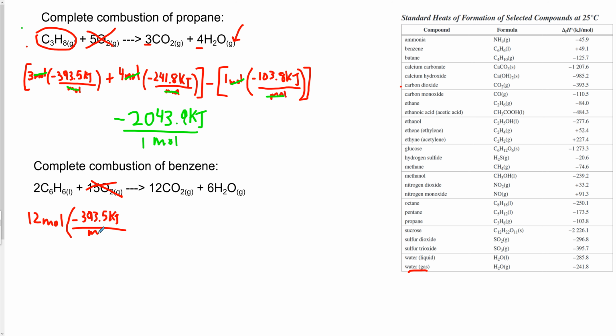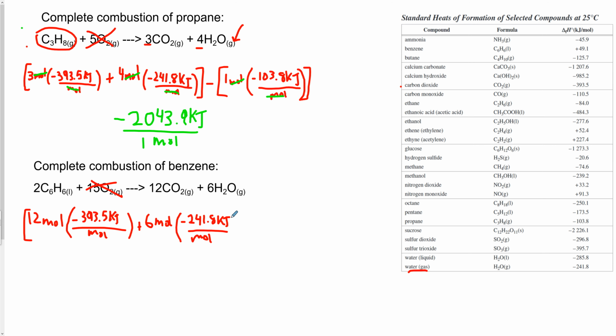And we're going to add our steam, which is 6 moles, because that's what's in our balanced equation. And how much energy does a steam give? Minus 241.8 kilojoules per mole. So there's my products are done.